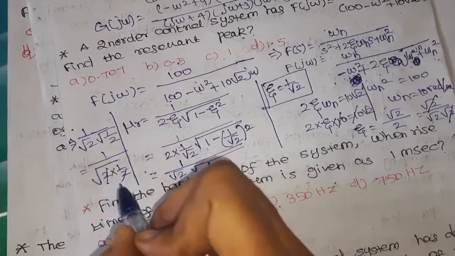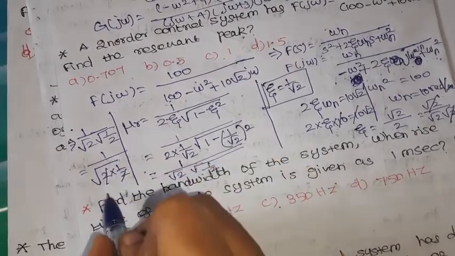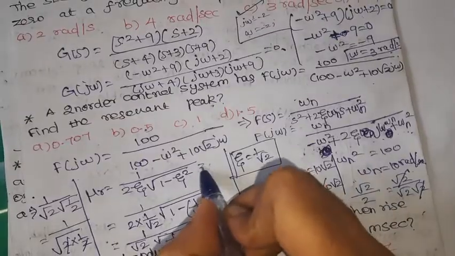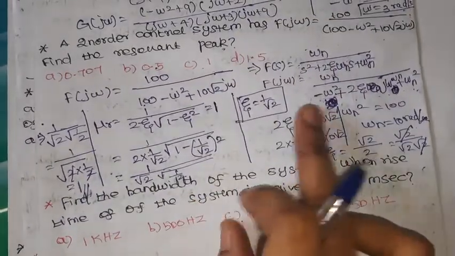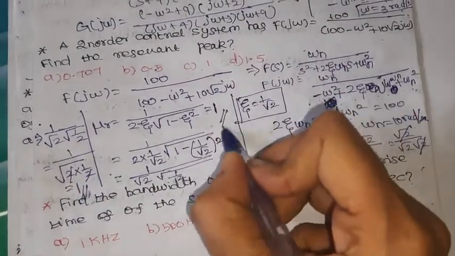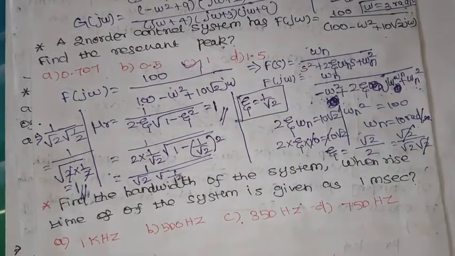So 1 by 1 is 1 only. By simplifying, we get the resonant peak value as 1. So option C, 1, is the right option for this problem.